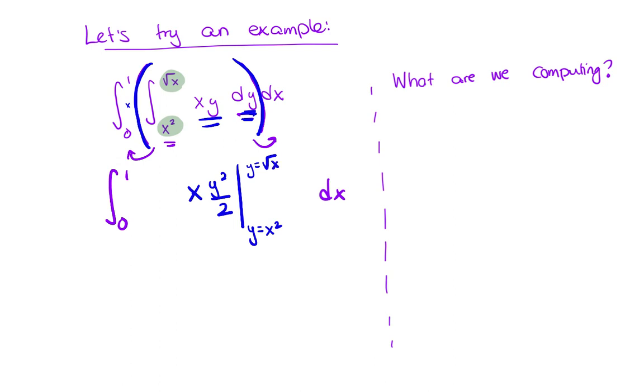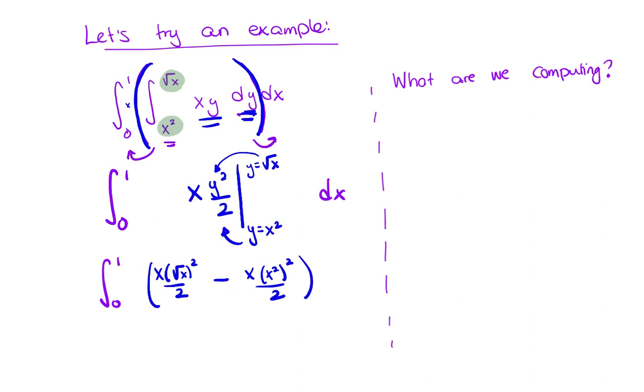So we can go ahead and do that. The integral from 0 to 1. When I plug in y equals root x, I get x times root x squared over 2. And then I'm going to subtract off, plugging in y equals x squared. So x times x squared squared over 2.